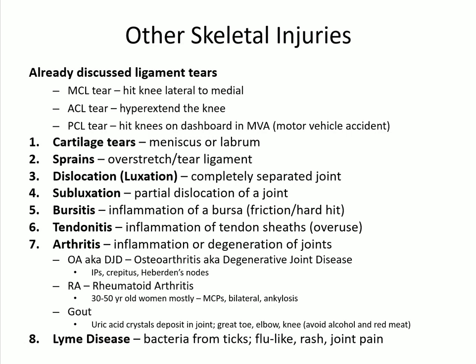Rheumatoid arthritis is mostly in women ages 30 to 50 years old, but it can be younger or older. This is just most commonly. And rheumatoid arthritis is crippling, where the fingers start twisting and bending sideways. It usually happens at the MCPs.